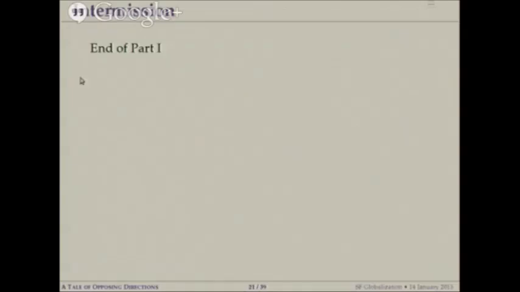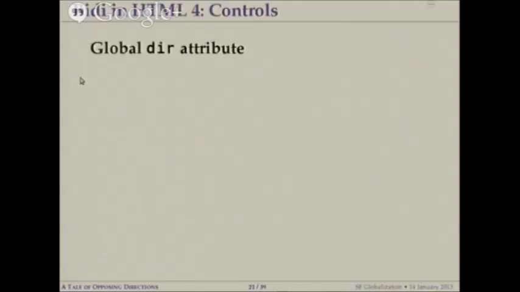Okay, so there's markup in HTML4. And this allows us to provide some guidance to the Bi-Directional algorithm on where it doesn't get things quite right, or to explicitly set the base direction. The most important bit of markup in HTML is the global dir attribute.